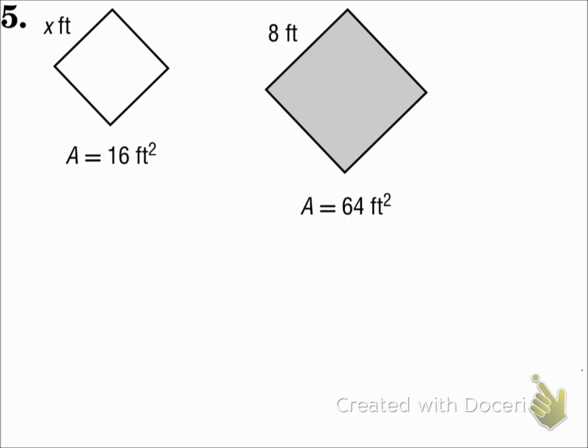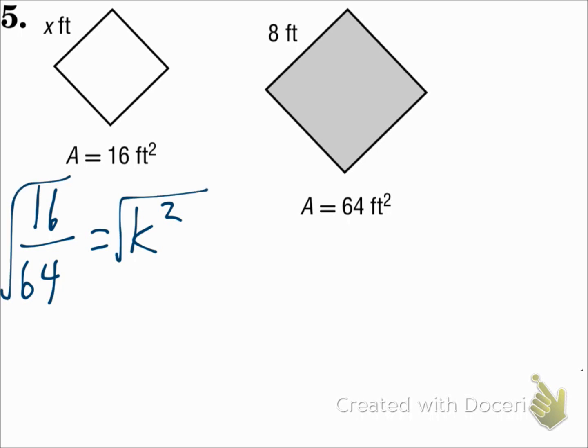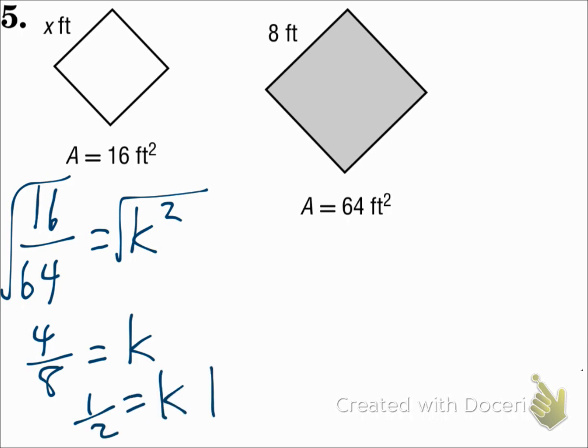For this one, to find the scale factor, do area over area, unshaded to shaded, and that equals k squared. Square root each side, so the square root of 16 over 64 is 4/8, which is 1/2. So k equals 1/2. Now use k to find x.